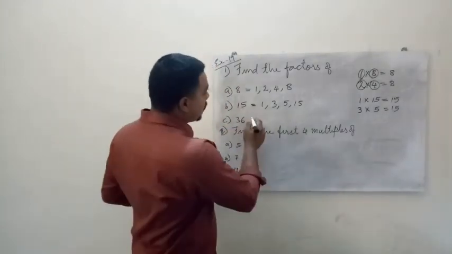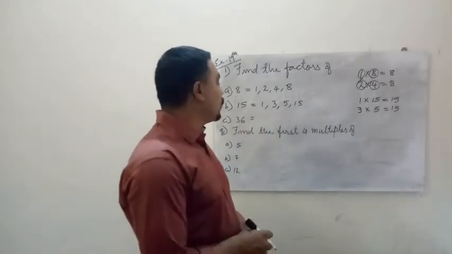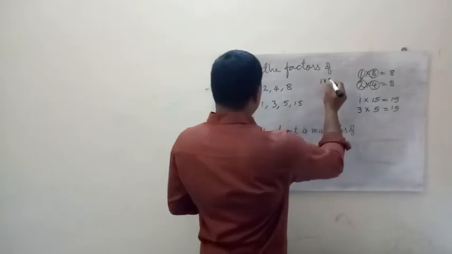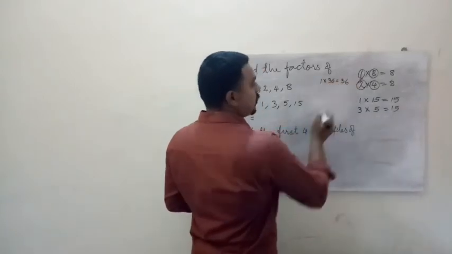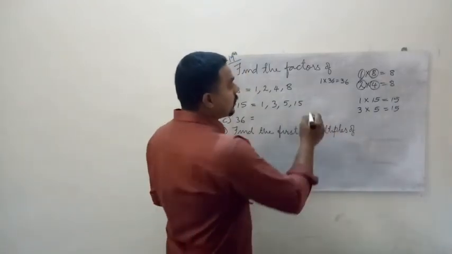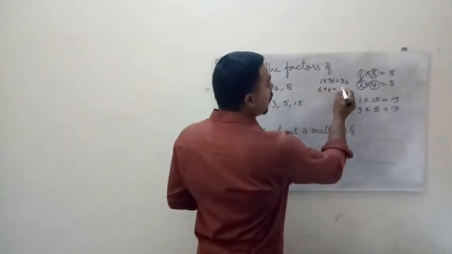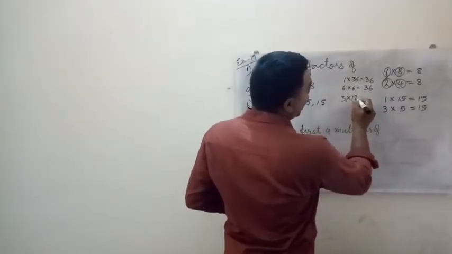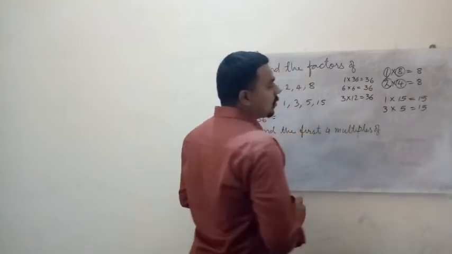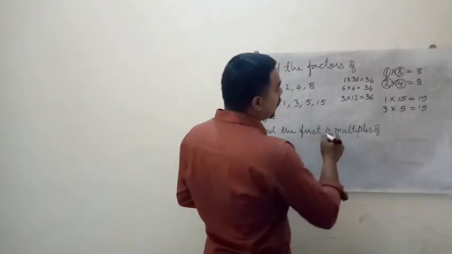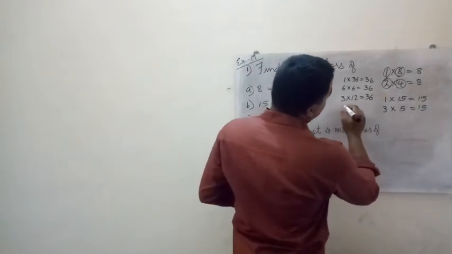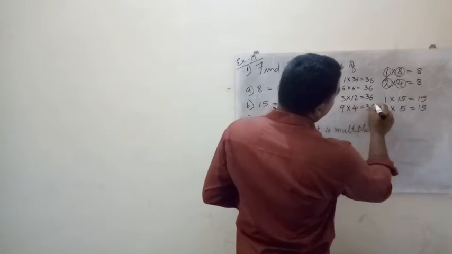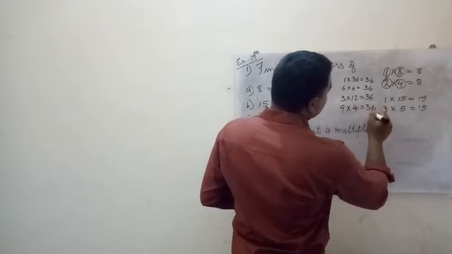Okay, and the next one is 36. What are the numbers we need to multiply to get 36? As we know, 1 into 36 is equal to 36. Next is 6 into 6 is equal to 36. 3 into 12 is equal to 36. And another, 9 into 4 is equal to 36.